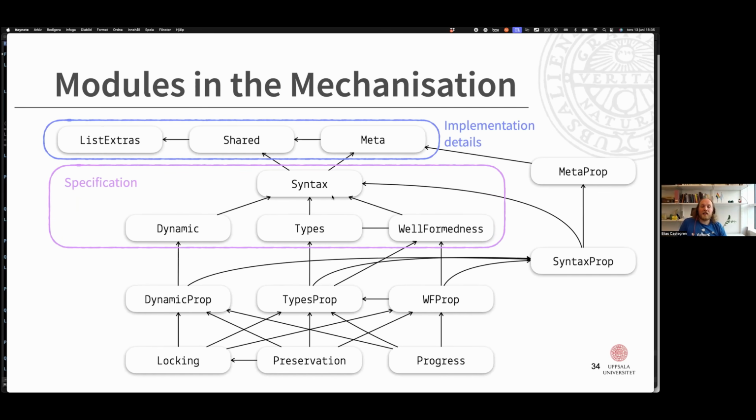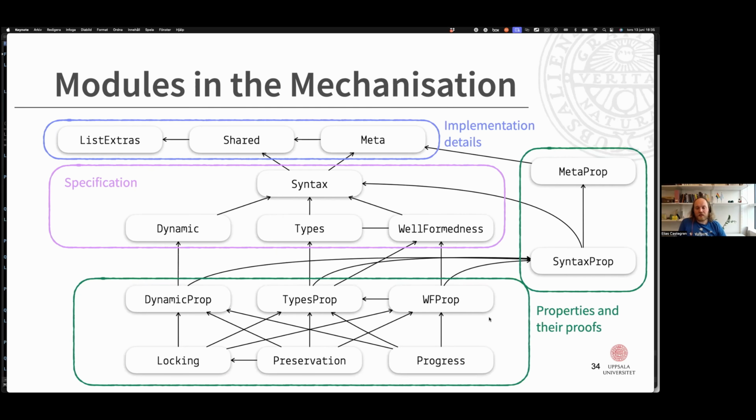Here we have the specification of the syntax, the dynamic semantics, the static semantics, and the well-formedness things. And then the rest of it is properties of these things and their proofs. So even the meta thing, we have proofs about these things. The dynamic semantics have properties, the types have properties, the well-formedness have properties.